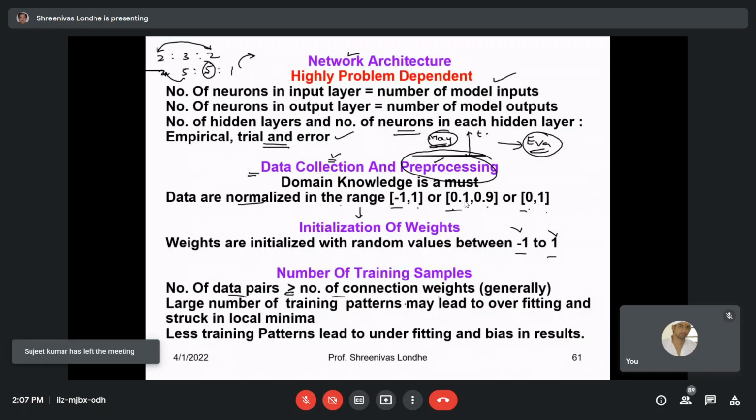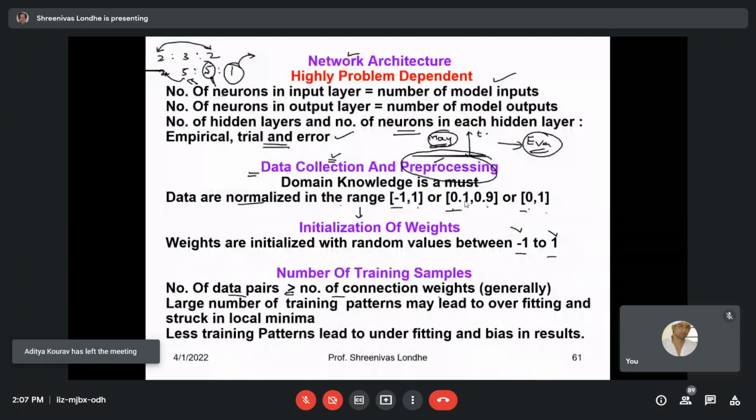If the neuron is 1 in an output layer, neurons are there, 5 in a hidden layer, and 5 inputs are there, at least 5 plus 5 plus 1 multiplied by 2, at least you should have 20 data values in your data set. That is means sufficient data also sometimes, but only 20 values cannot train the neural network very efficiently. So the data package should be large also.